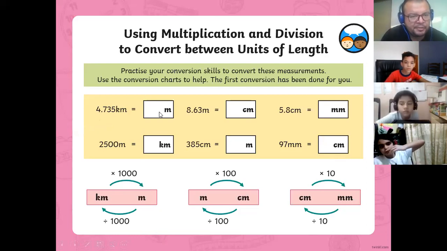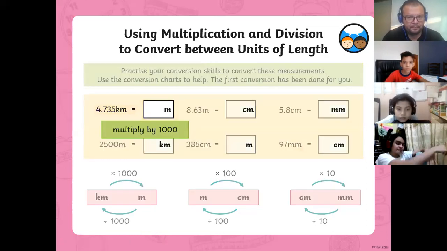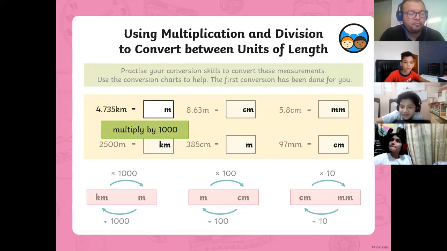How many meters is this one? You have to multiply by 1,000. How many? 4,735,000. Exactly, 4,735,000 meters. Remember to finish the whole phrase.